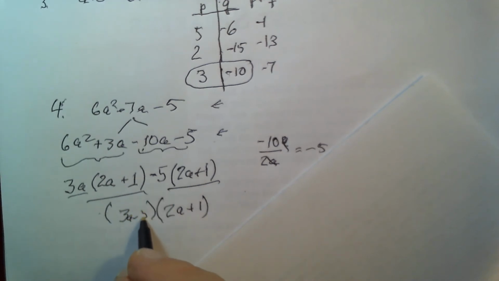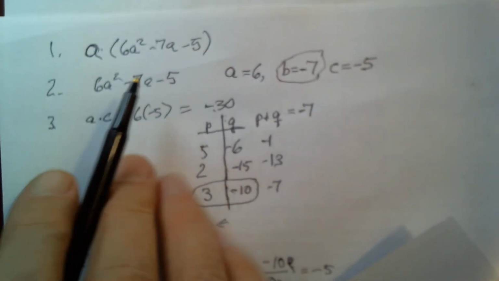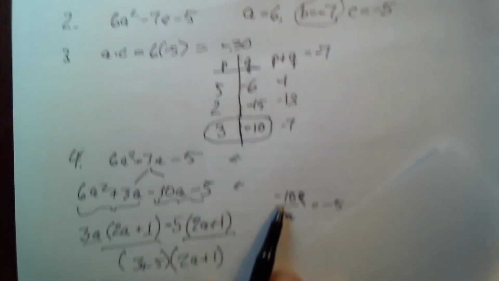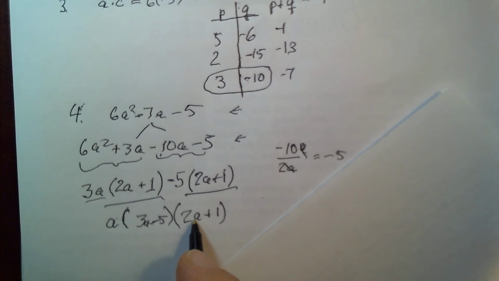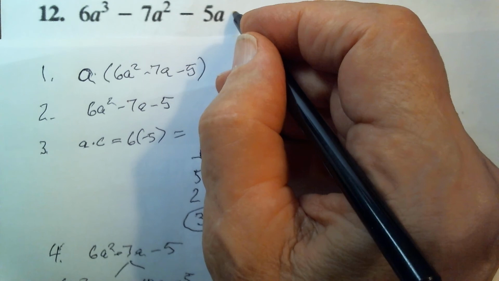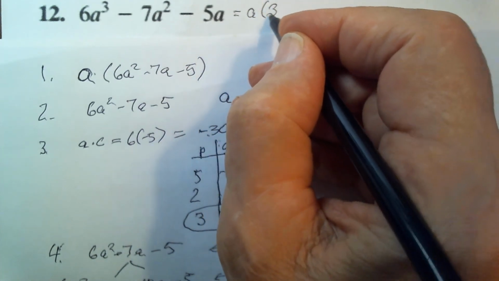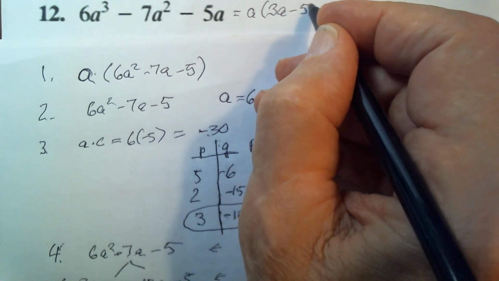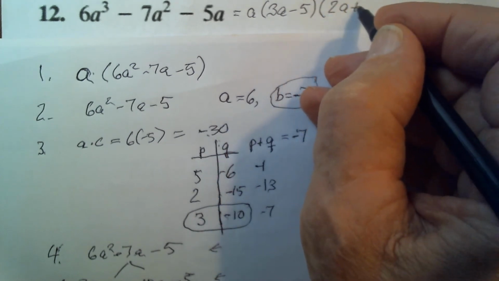And then remember, when we first factored out an a, the greatest common factor at the very beginning, that has to be now the factor here. So in other words, the final answer is a times 3a minus 5 times 2a plus 1. So let's write this up here as a solution: a times 3a minus 5 times 2a plus 1.